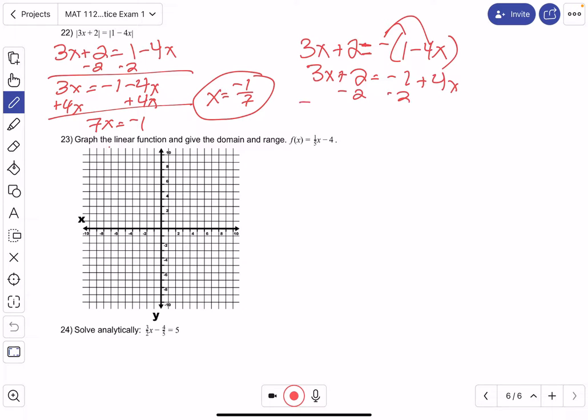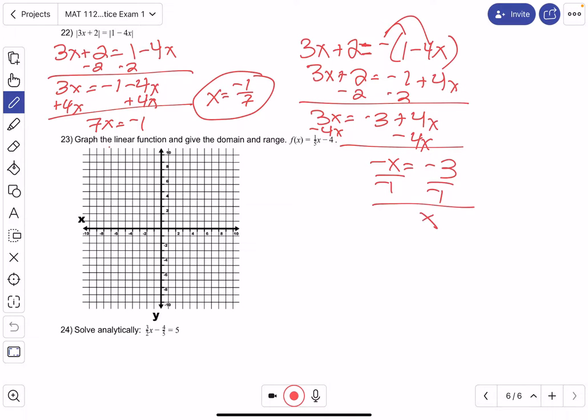Then subtract the 2. Bring our 4x over. So -x equals -3. And divide both sides by -1. So x equals 3. Those two answers should both work in the absolute value equation.